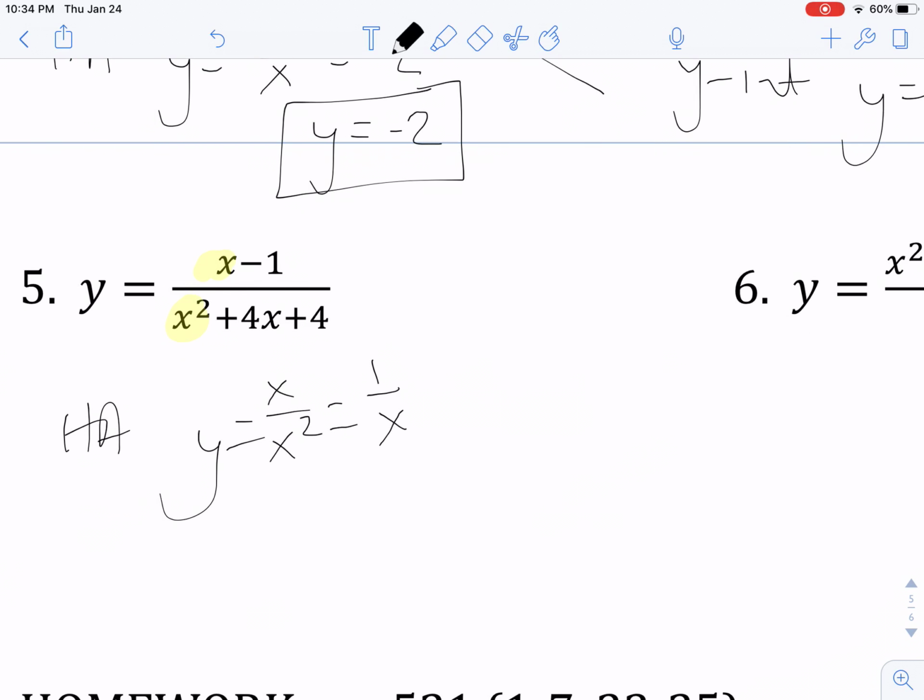What is 1 divided by 10? What is 1 divided by 100? And 1 divided by 1,000, or even a bigger number? 1 divided by a really big number is really close to 0. So when x is left in the denominator, even if it's like a 10 in the numerator, 10 divided by 100,000 is still really close to 0. So my horizontal asymptote would be y equals 0.